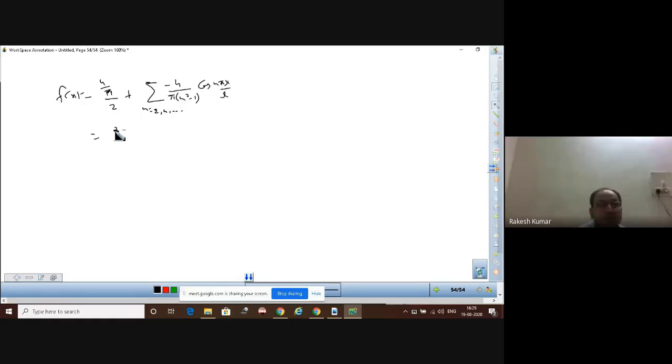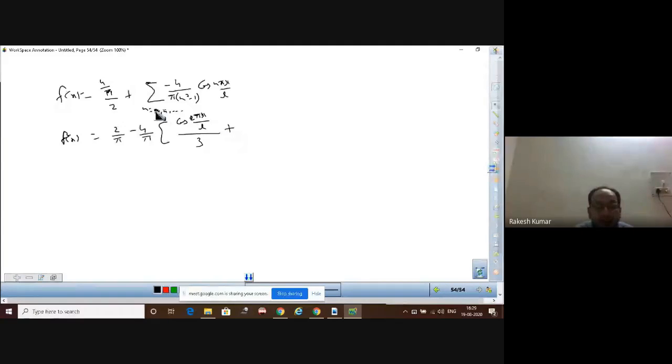That will become 2 over pi and minus 4 over pi can be taken. You can put the value of n here. Ultimately you will get cos of 2 pi x over L divided by 2 square minus 1, that is 3.